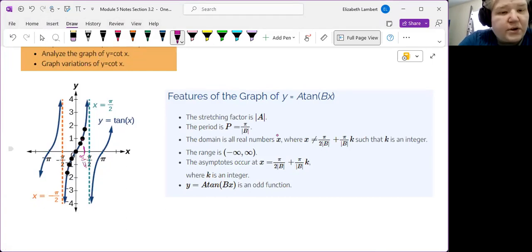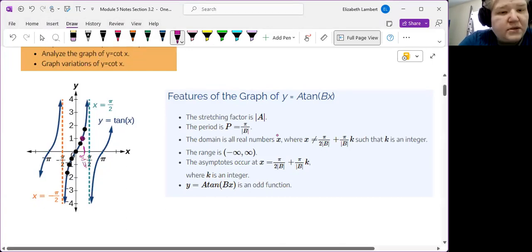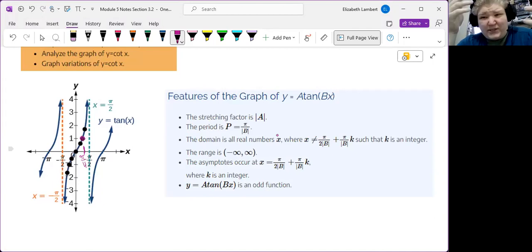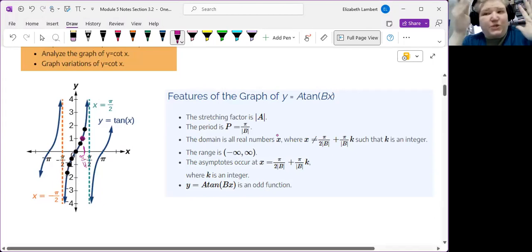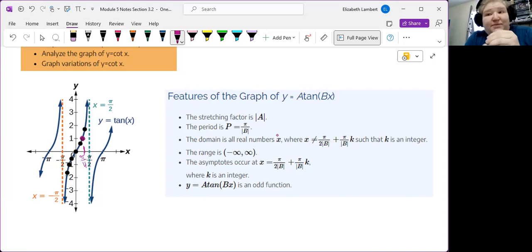Pi over 4 goes up to 1. The reason they like that point is because if we have a vertical stretch, which is our amplitude number on sine and cosine, then that point is going to move, but the asymptotes won't. Like you stretch a vertical line, it's just more vertical. And 0 doesn't move with the stretch.